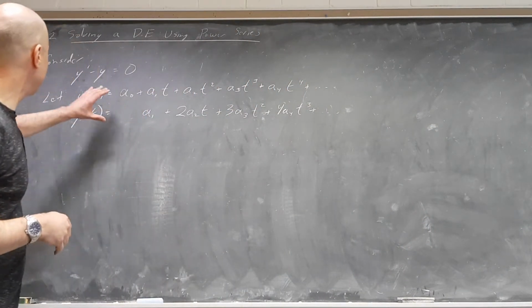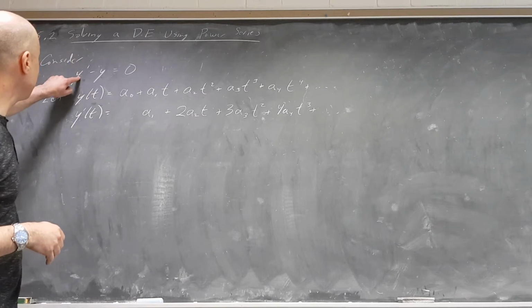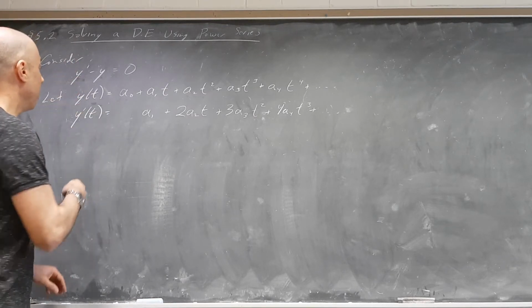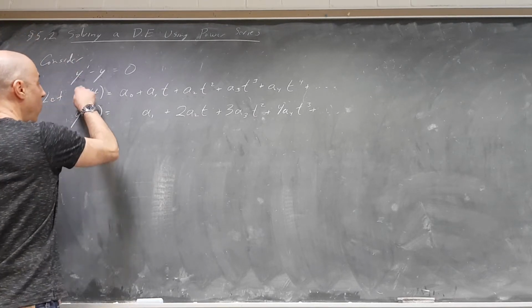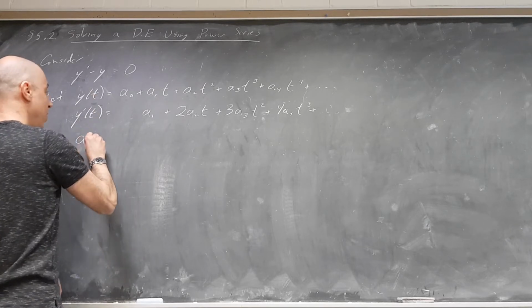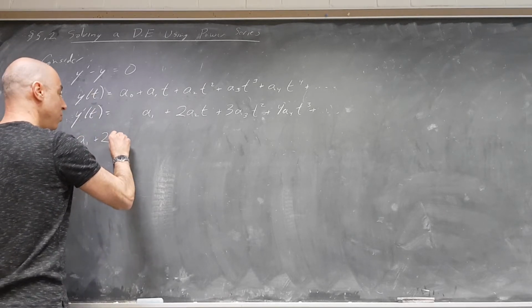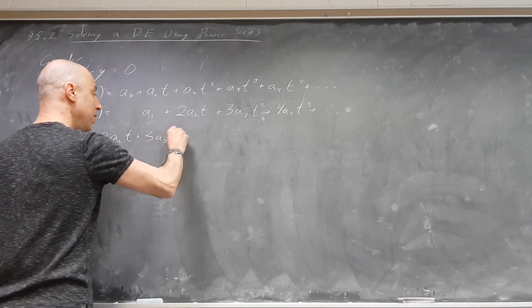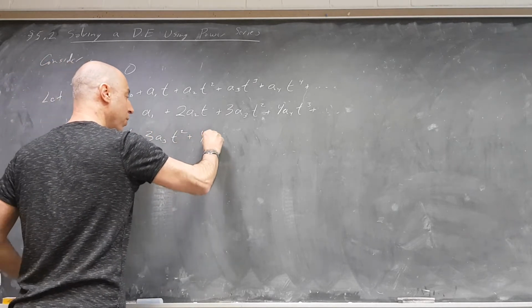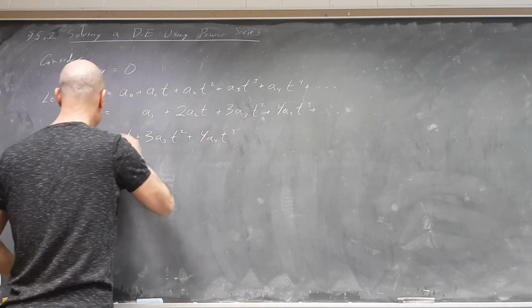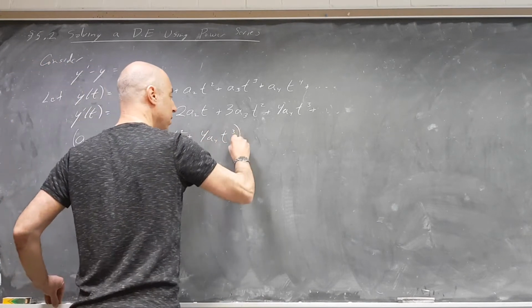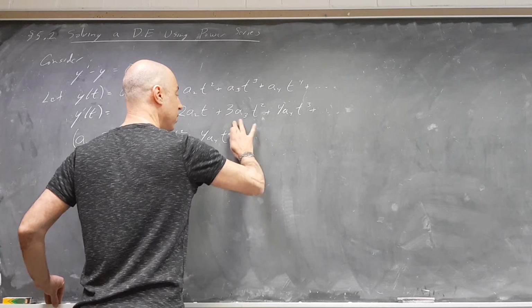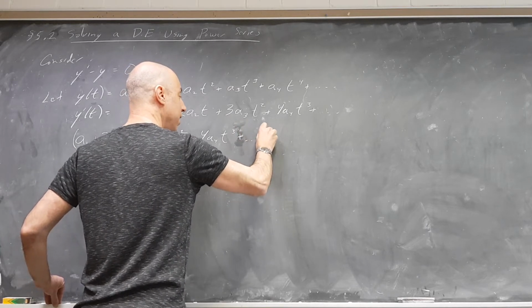Let's go ahead and plug these things into the differential equation. So y prime is a1 plus 2a2t plus 3a3t squared plus 4a4t cubed, plus dot dot dot.